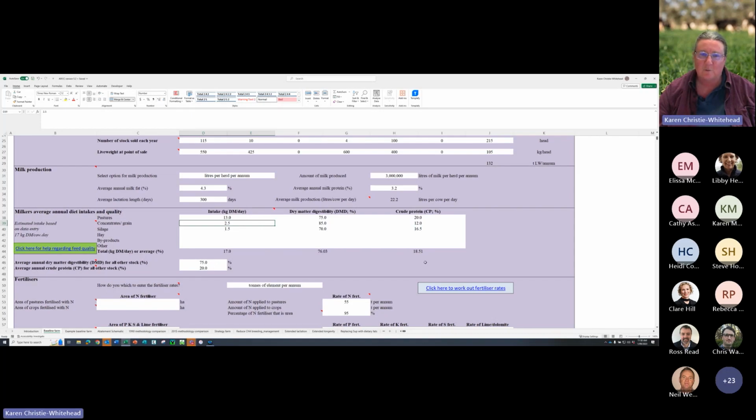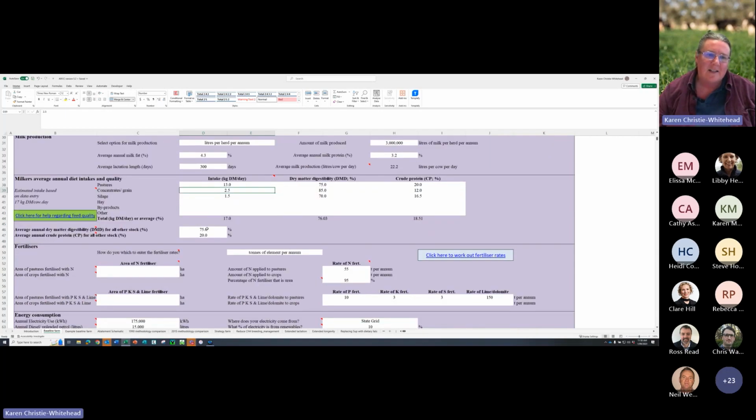The calculator itself will work out how much feed each class of animal is consuming. We've got some defaults for our other stock, our heifers, steers, bulls, anything but the milking cow. I always suggest leaving these ballpark defaults, which might be slightly high. You might go, okay, it's 70 and 20, across all those other stock classes.